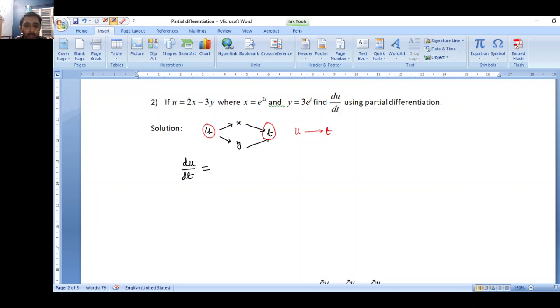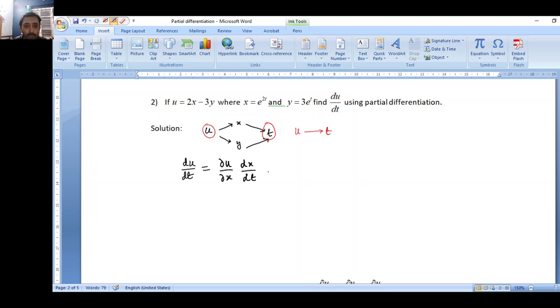When I go from u to x, I'll have to write dou u by dou x, because u depends on both x and y, and because of that we will not be able to find the ordinary derivative of u with respect to x. Then from x to t, x depends only on t, so we should be writing dx by dt.